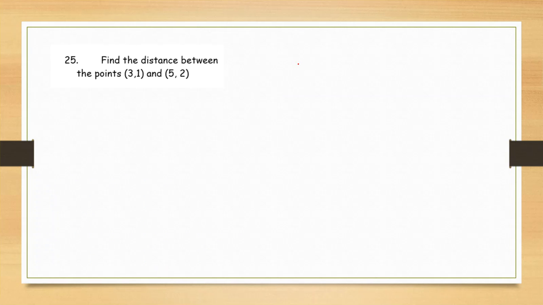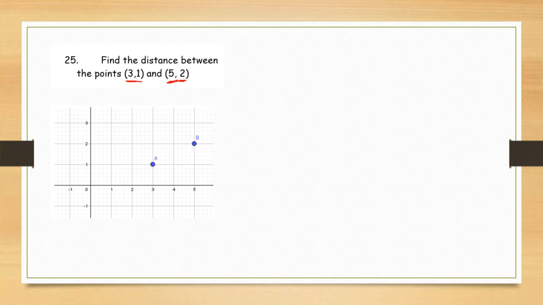Question 25. So the harder problems will just start with the 2 points. So we can graph it. We can draw the graph. So draw in the line here. 3, 1, remember we go across 3, up 1. 5, 2, we go across from 0, up there.